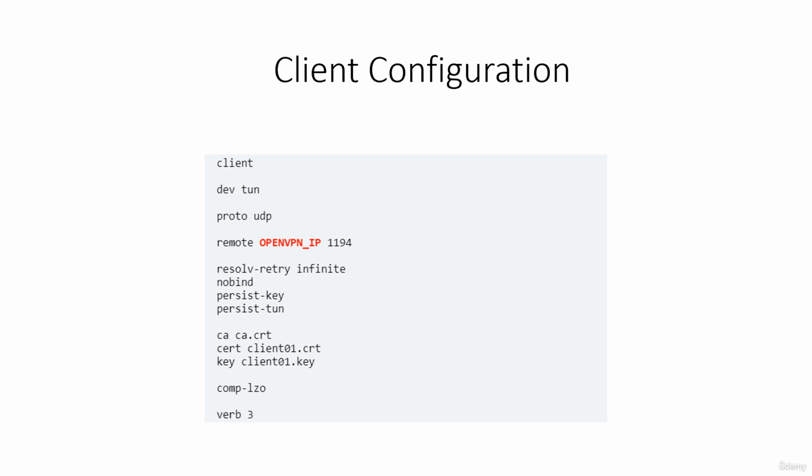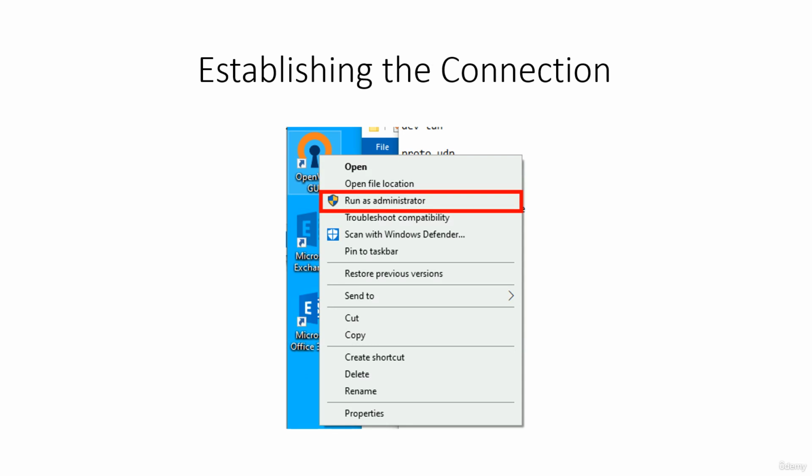Then what we need to do is establish the connection. It will create a desktop shortcut. Simply run as administrator. Make sure you always open OpenVPN GUI or the OpenVPN software as an administrator, because that will give it root access, or administrator rights.